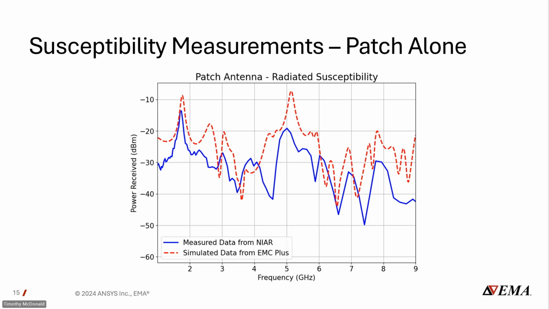If you want to move to the next slide, we can see that throughout the full frequency range, we actually get remarkably nicely matched trends, especially at that 1.7 gigahertz primary peak. We see that we're within just a few dBs of the measured results. And then throughout the rest of the frequency range, we get nicely matched frequency responses.